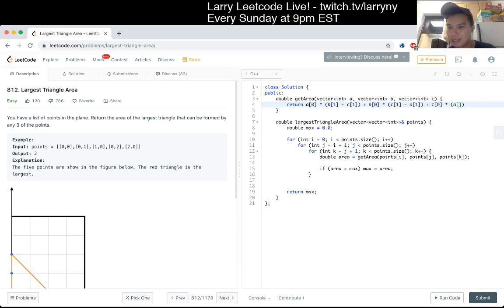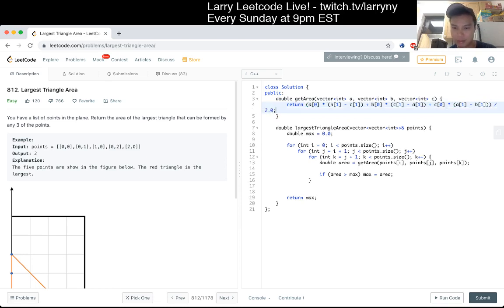Nope, kind of backwards again. Man, I always forget the signs on this one. Oh, I said something about the absolute value and I haven't done it, so this might actually be wrong.